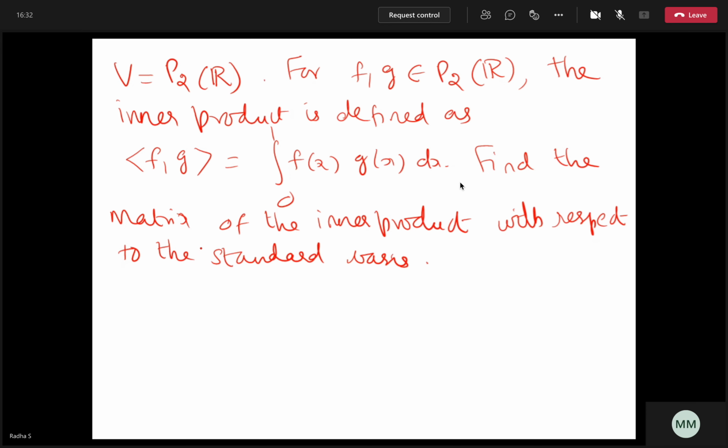So what is the standard basis for P2? Hello? What is P2 and say the standard basis? If you are sleeping like this, then I think I'll better cancel the class. Not only a few people are answering, others are sleeping. I'm not supposed to say like this, but you are not attentive. So what is P2 of R? Hello?